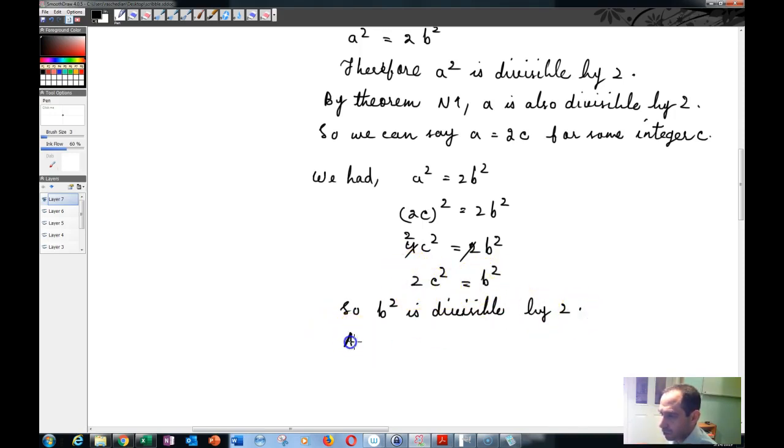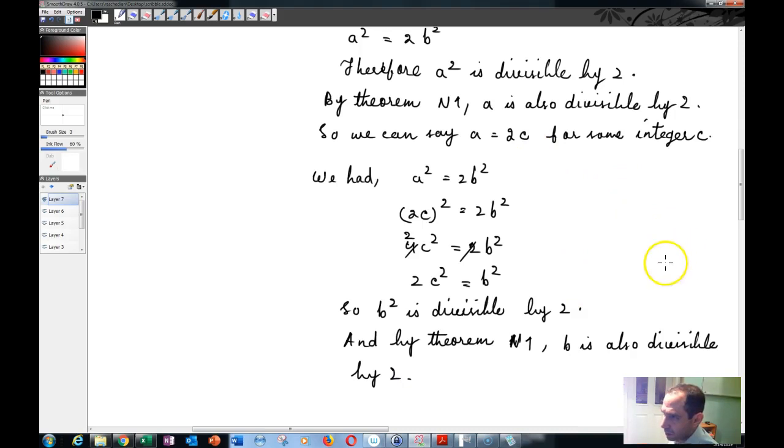And so, by theorem n1, b is also divisible by 2.